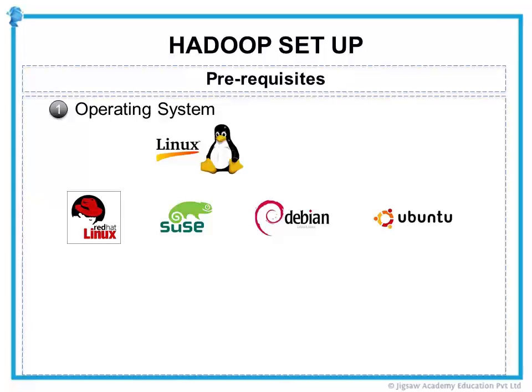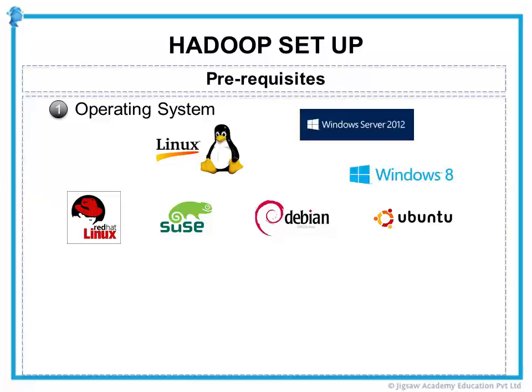Ubuntu and SUSE Enterprise Linux and Debian deployments also exist in production and work perfectly well. It is important to note that Apache Hadoop version 2.2 onwards also supports running Hadoop on Windows as well. But in our class, we are going to use Ubuntu Linux. And the second prerequisite for running Hadoop is that it requires Java version 1.6 or higher.